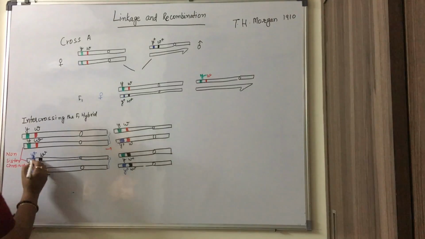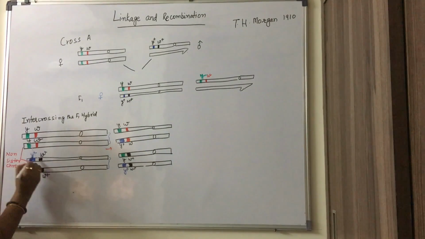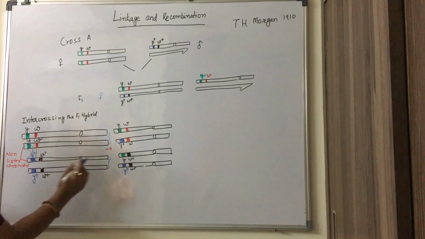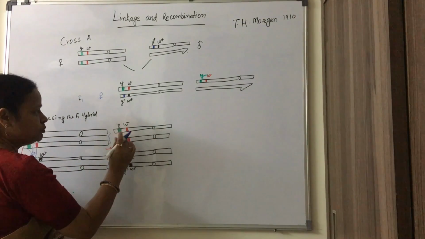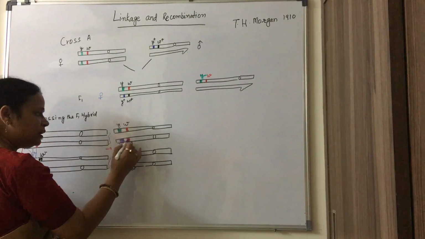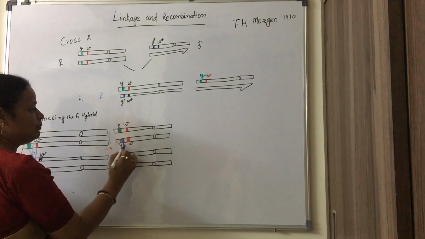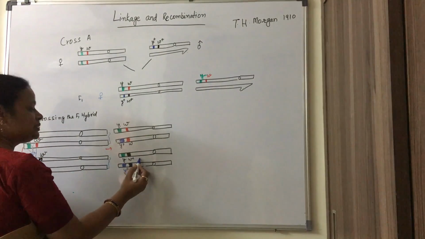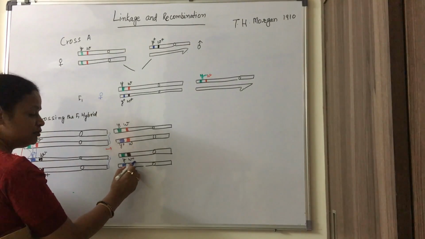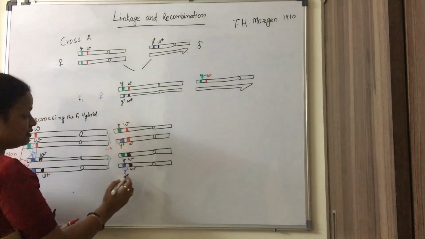As a result, in this chromosome one arm has YW and the other arm has Y plus and W. Similarly, in this chromosome one arm has Y and W plus, and the other arm has Y plus and W plus.